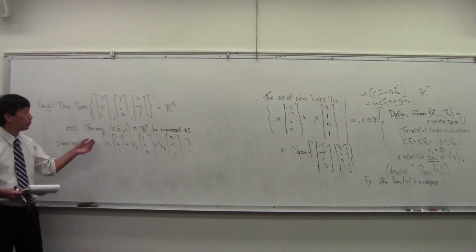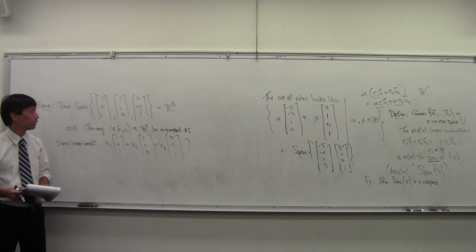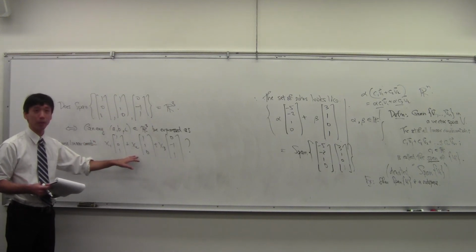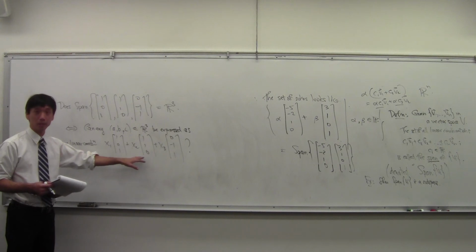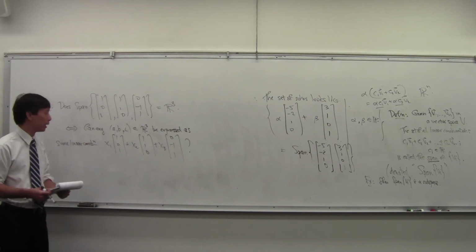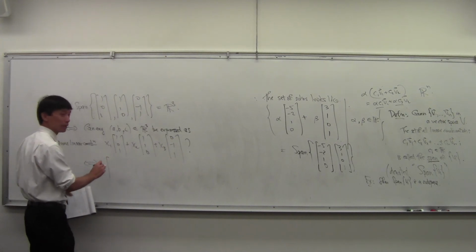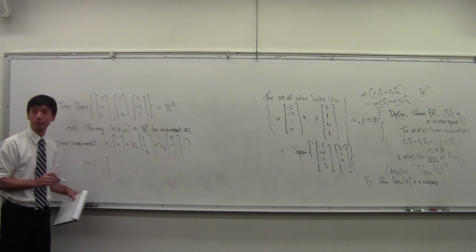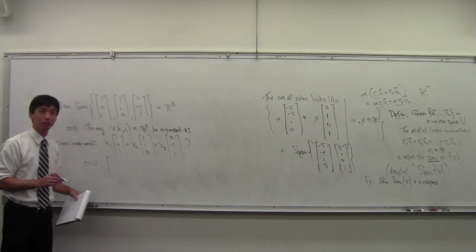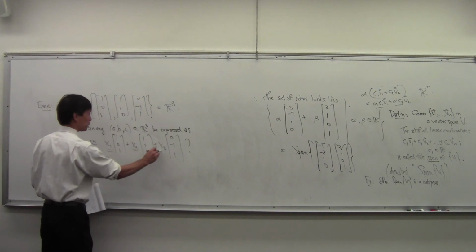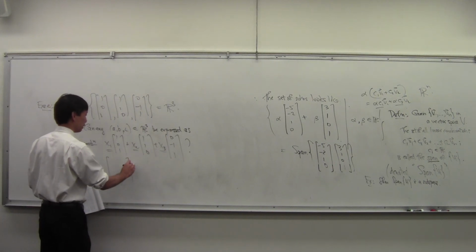Can every vector in R3 be expressed as some linear combination? And you see that this is a question that we basically asked before. This is the same thing as asking, can we find x1, x2, x3 to solve this?